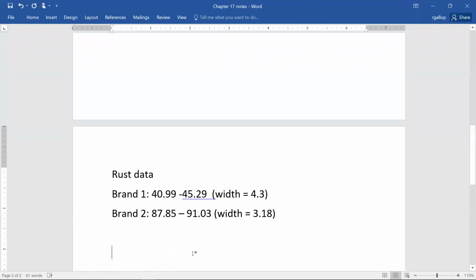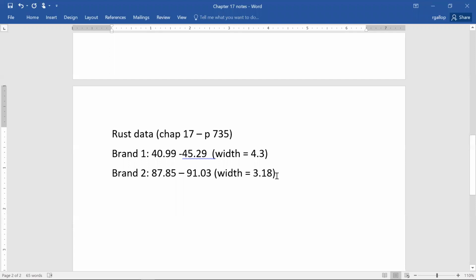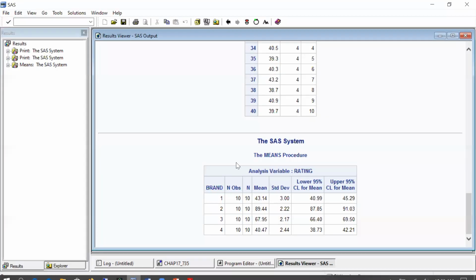All right, so we got that right there from our data. All right, so we'll call this chapter 17, page 735. All right, so we got that right there. Just what we just laid out real quick there. So that's all cool.